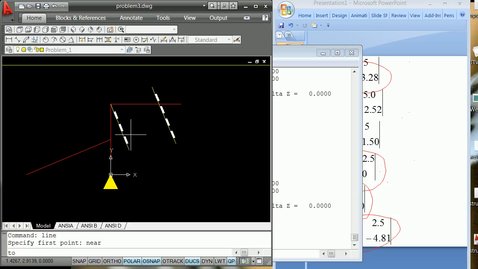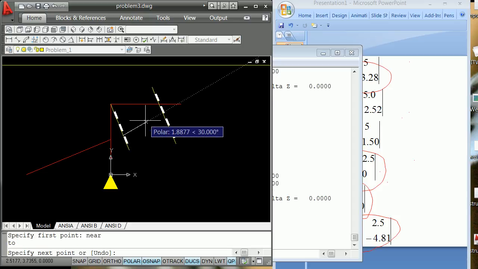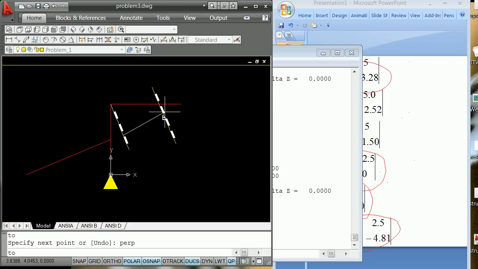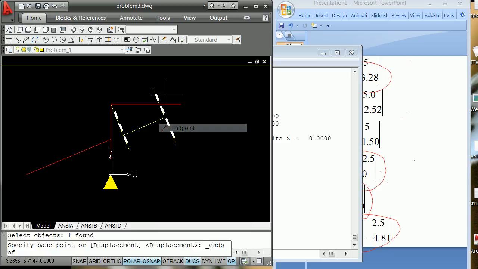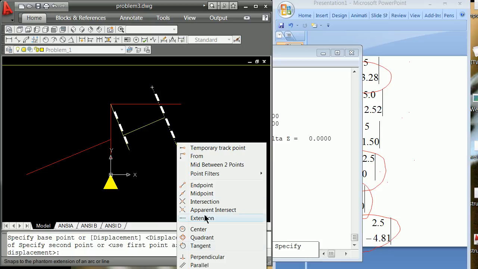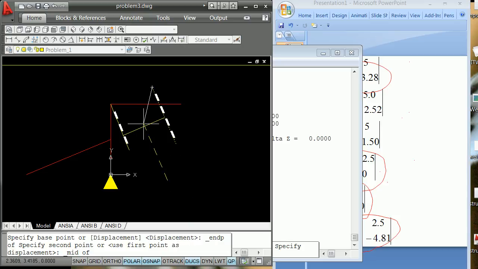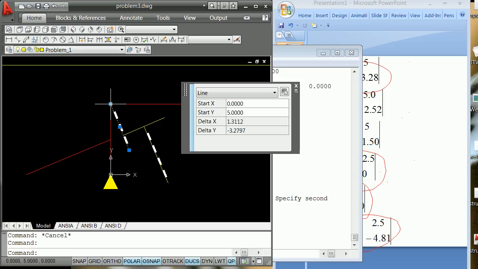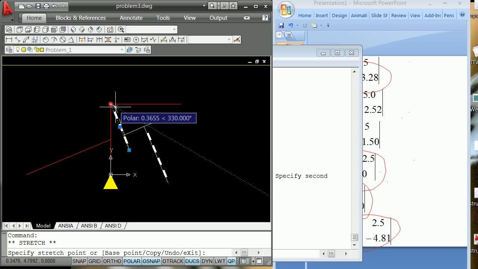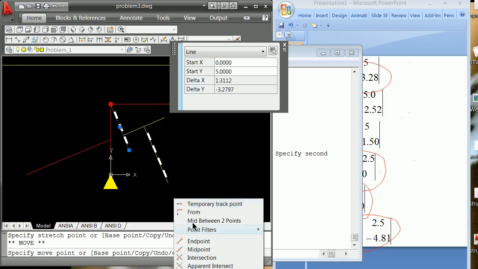Line from near here, perpendicular to, right? Move this one from the endpoint there to the midpoint. And I'm going to grab that one. Remember, of course, left click, spacebar, move to the endpoint.